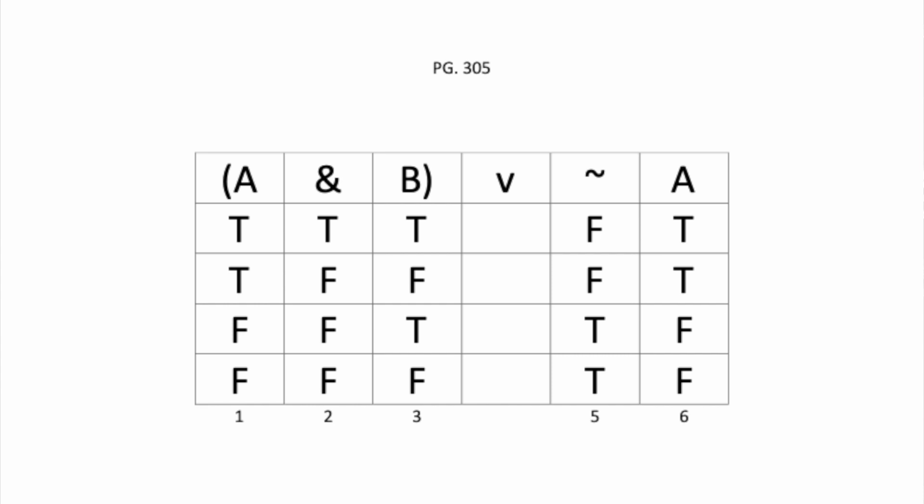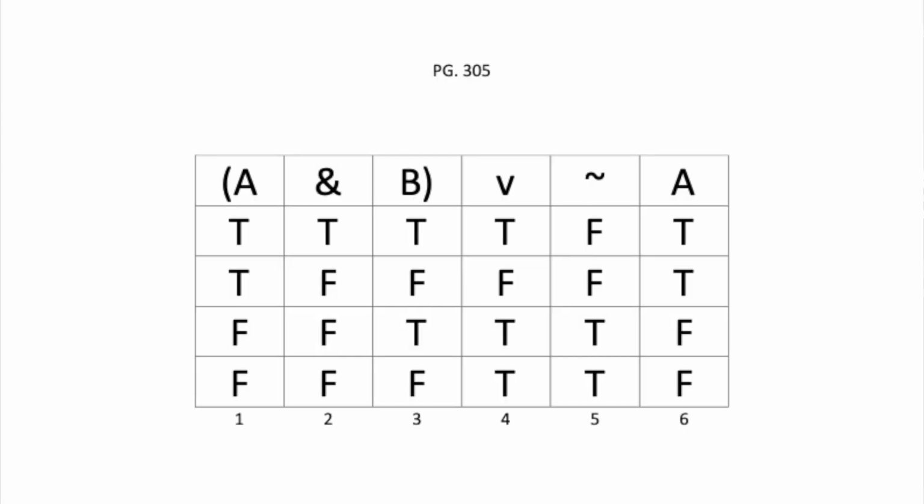So in row 1, column 2, you have a true, because you have a true conjunction. In rows 2, 3, and 4, you have false conjunctions, because in all 3 of those rows, the truth values in columns 1 and 3 mismatch. And we know that a conjunction is only true if both conjuncts are true.